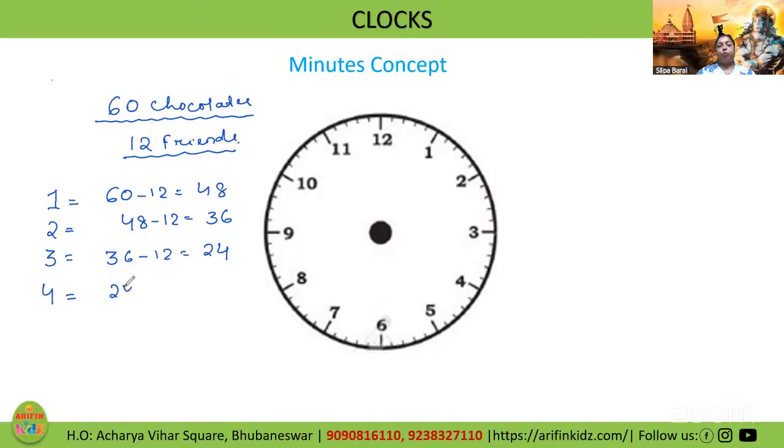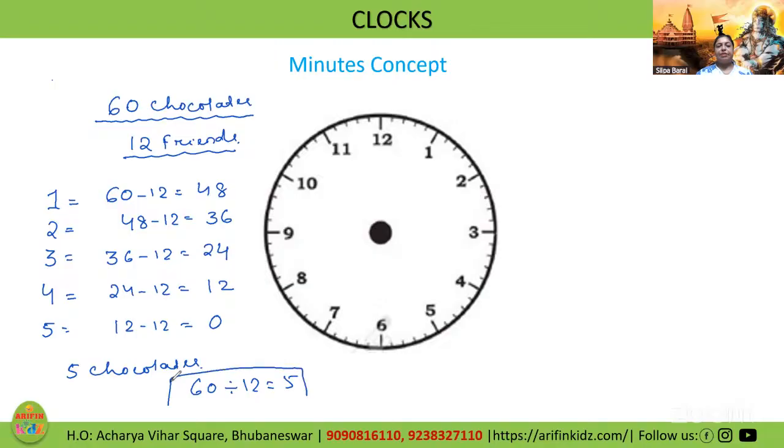So 24 minus 12, it is 12. So now you have only 12 chocolates with you. If you give the fifth chocolate to everyone, then 12 minus 12, you will have 0 chocolates with you. So see, beta, how many chocolates did each friend get? 5 chocolates. So you can say, beta, 60 divided by 12 is 5.